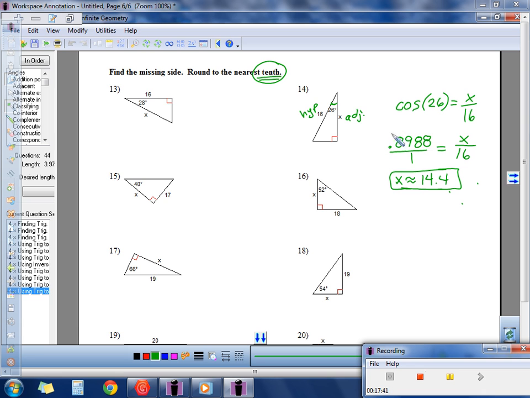Now, another thing I want to point out, if you do round short here, it might cause a slight rounding error. Another better way would be to just do cosine of 26, press enter, and then times by 16. Try that real quick. Try cosine of 26, and then multiply it immediately by 16. Tell me what you get for that answer. 14.3807.